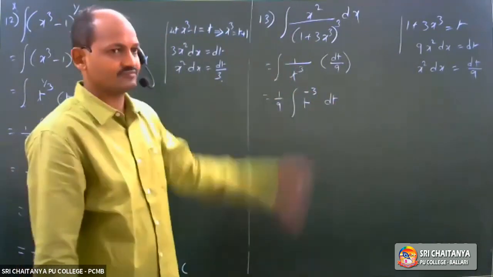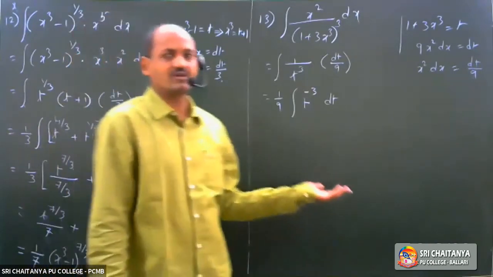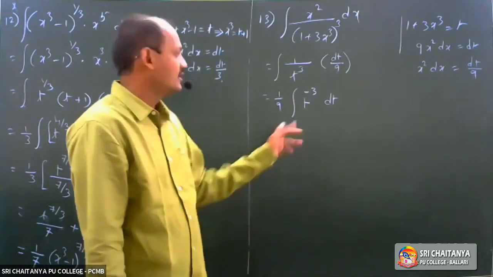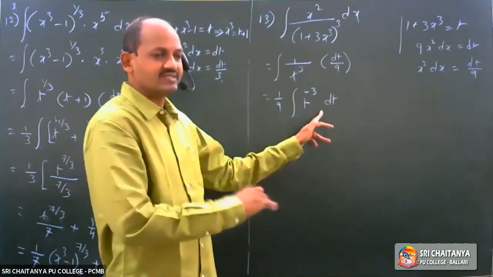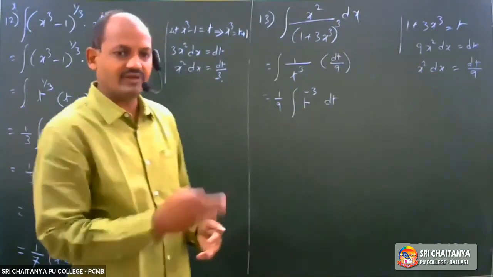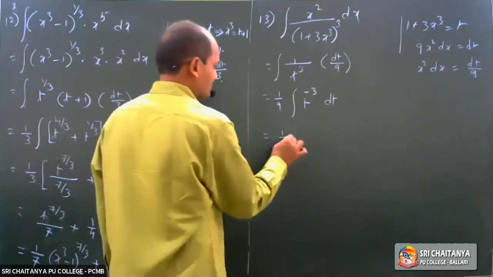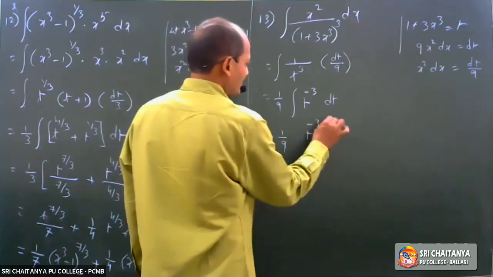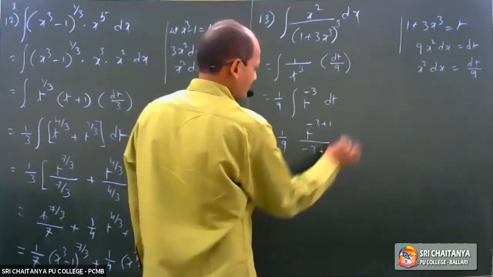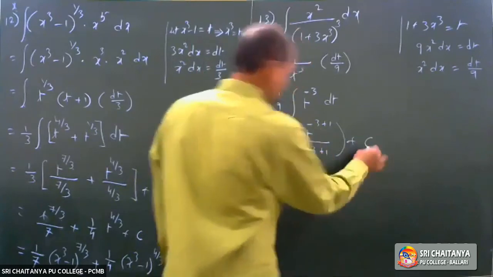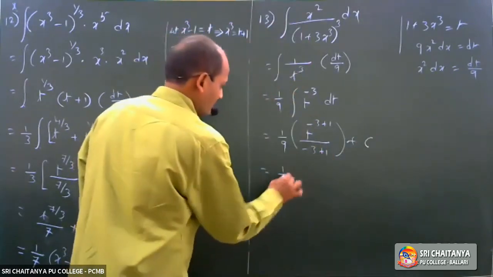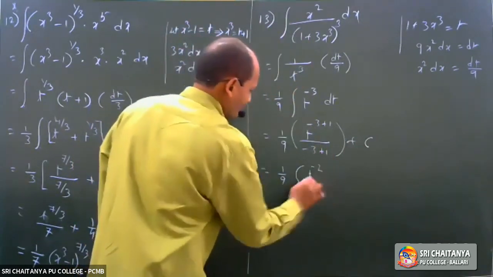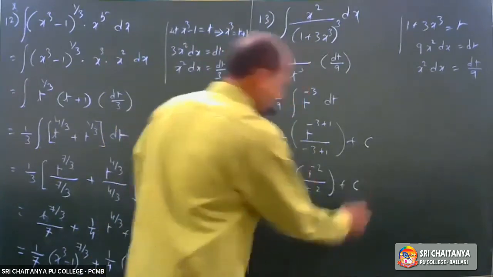Now it is integral of exponent form: t power minus 3 plus 1 divided by minus 3 plus 1, plus c. 1 by 9 t power minus 2 by minus 2 plus c.